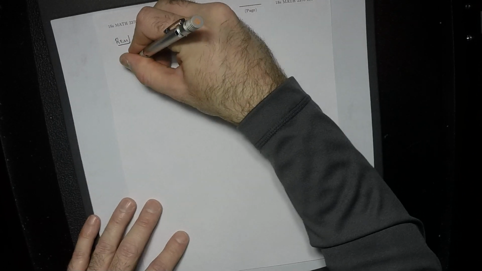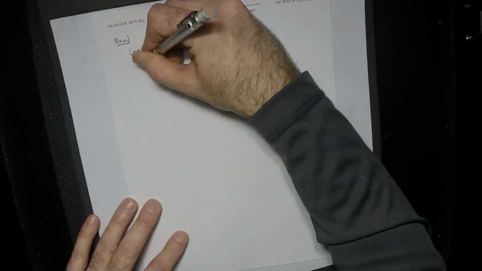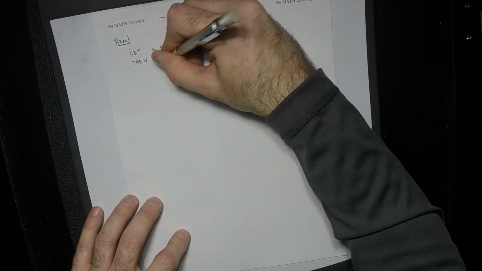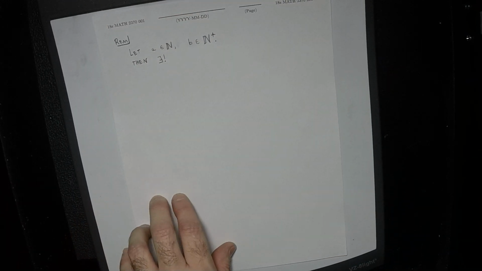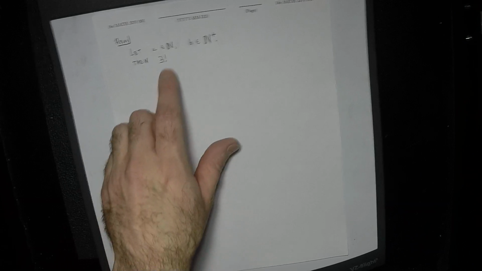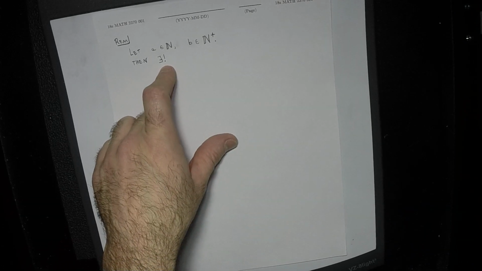Then there exists, so that's the meaning of that symbol. And then what does it mean when you write this? That's a good guess, but that's not quite right.